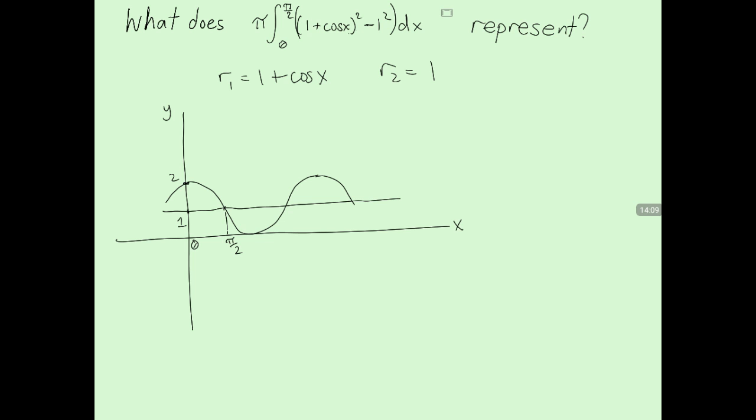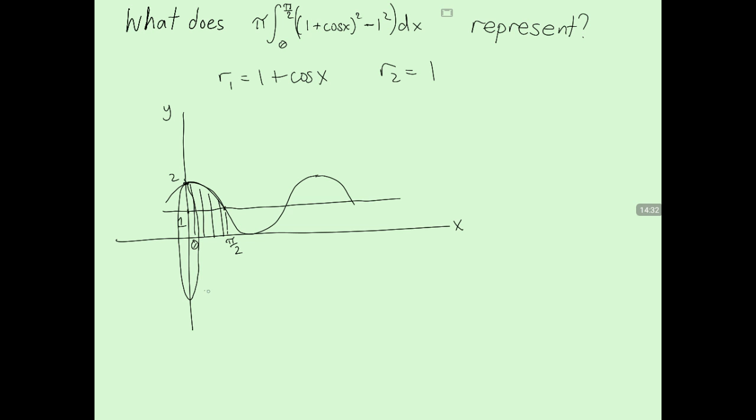So what we have here is similar to the previous example. We're going to take the area from 1 plus cos x, starting at 0, going to pi over 2. We're going to take this entire area underneath here, and we're going to rotate it around the x-axis.